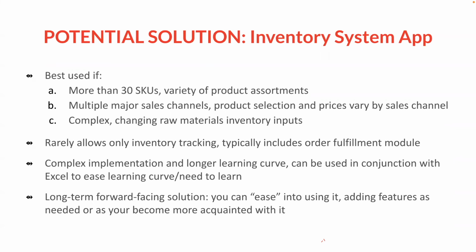This is great if your product selection changes from season to season, month to month, and when prices vary from channel to channel, even from e-com to farmers market. And when you have complex inputs, so this is where we're talking about assortments, or when the cost of production or processing is complicated.